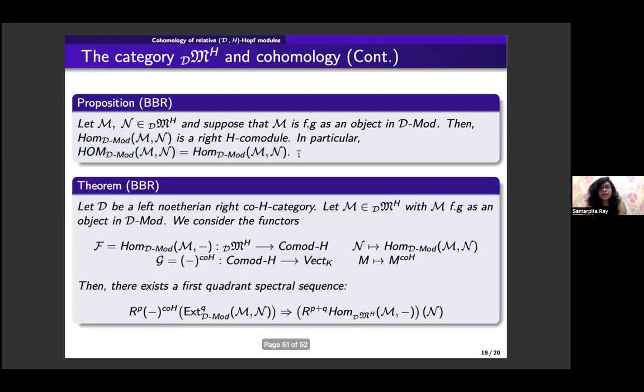In this case, the higher derived Hom functors for the relative categories can be understood in terms of the standard Ext of the original D module together with the coinvariant functor. And yeah, I think I will stop here.